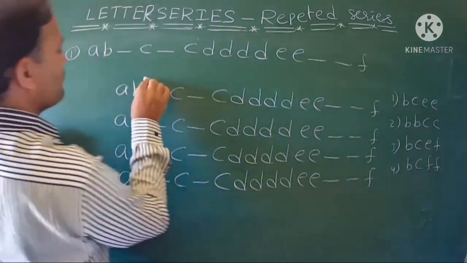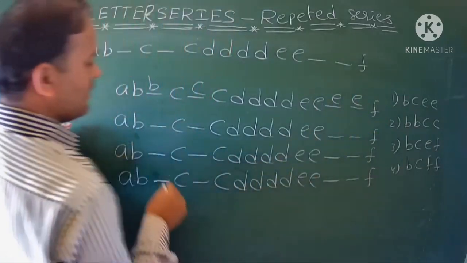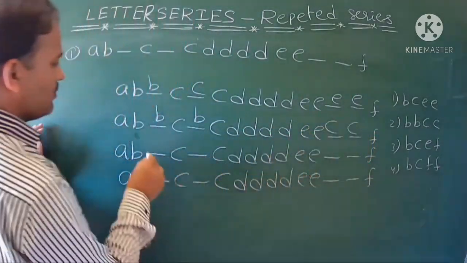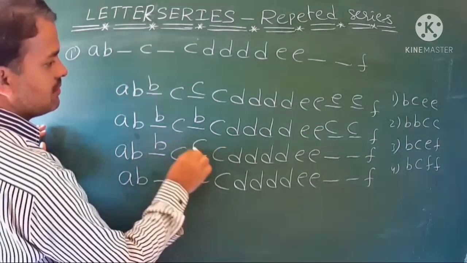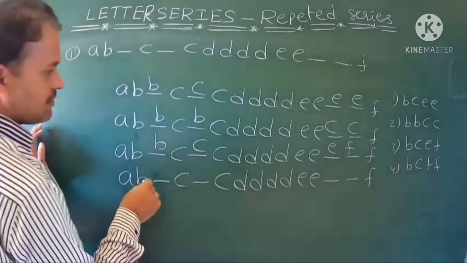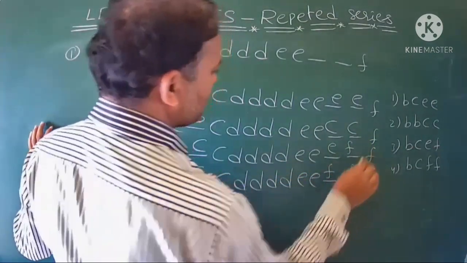Option 1 is B, C, E, substitute. The second option is B, C, substitute. The third option is B, C, E, F, substitute. The fourth option is B, C, again F, substitute.